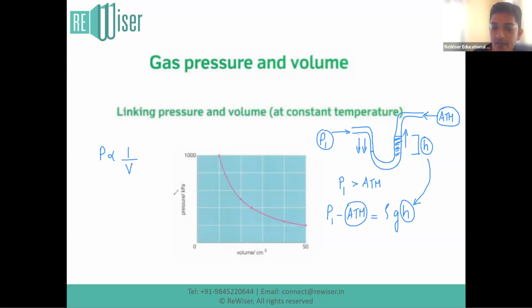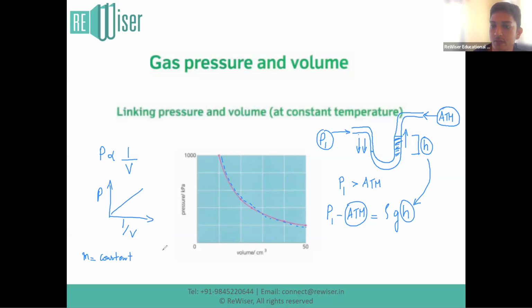If I plot a graph of pressure versus volume, it's going to be a curve of a similar shape as shown here. If I plot a graph of pressure versus 1 by volume, however, this graph will be a straight line passing through the origin. This just tells me that you can notice here that the slope m is constant. Slope m is a constant value.